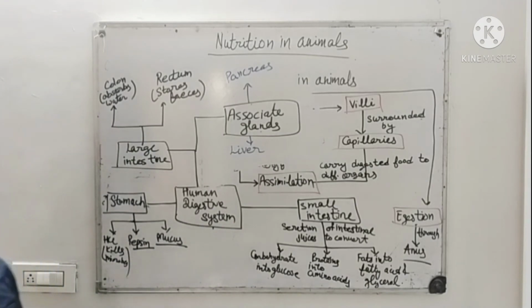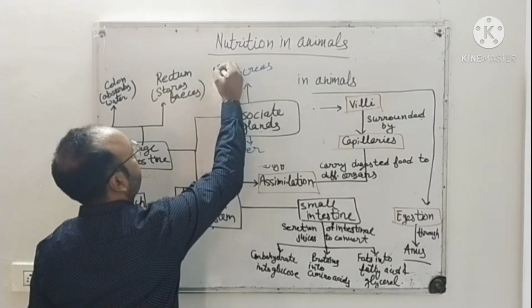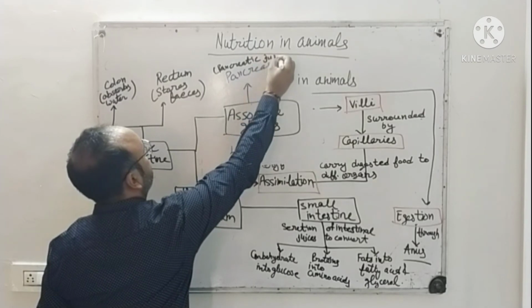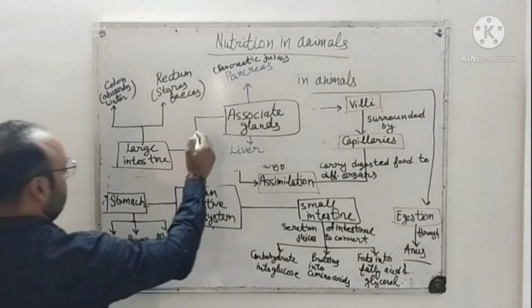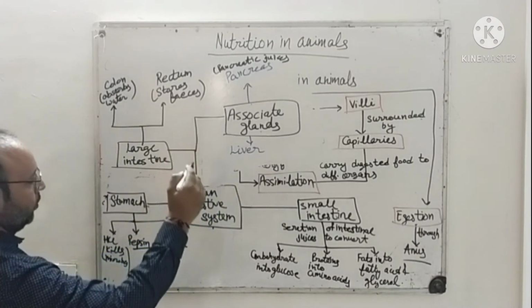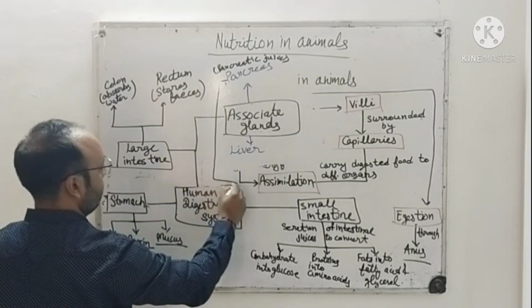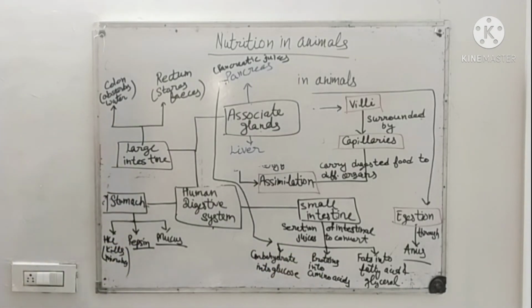These are the two glands associated with this. The pancreas releases pancreatic juices. So what is the function of pancreatic juices? They are helping here, performing all these functions.